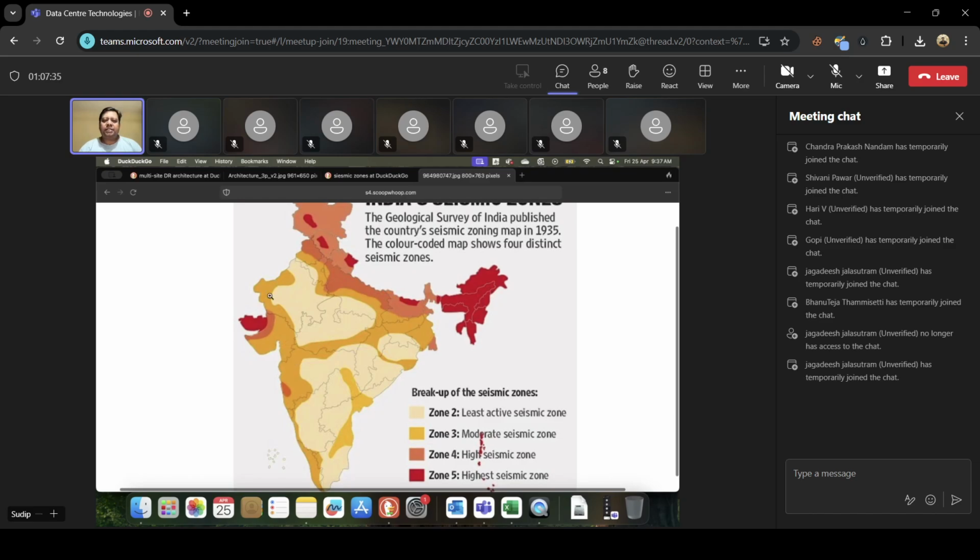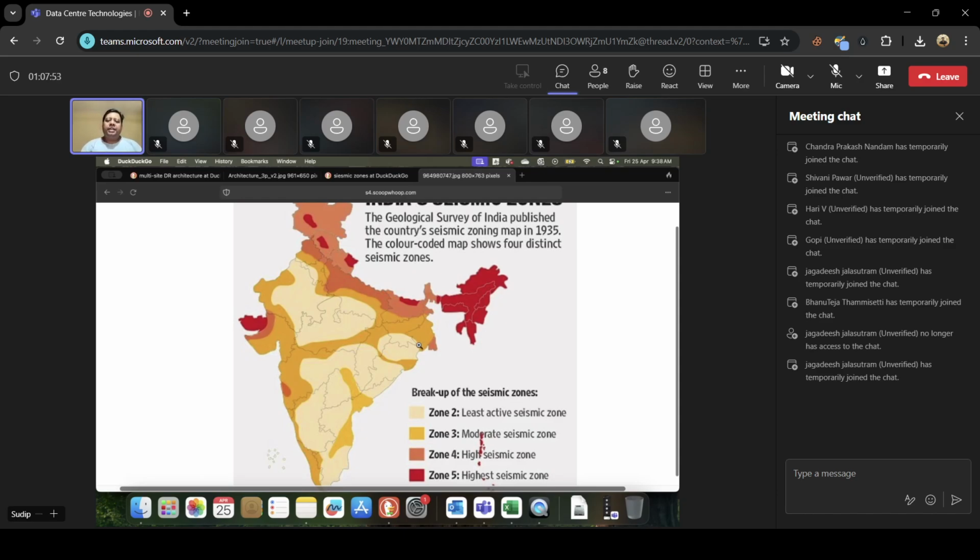These are the areas that you see in Rajasthan, then in Maharashtra, Madhya Pradesh, some areas of Andhra, some areas of Kerala, then UP. These all areas are zone 3.